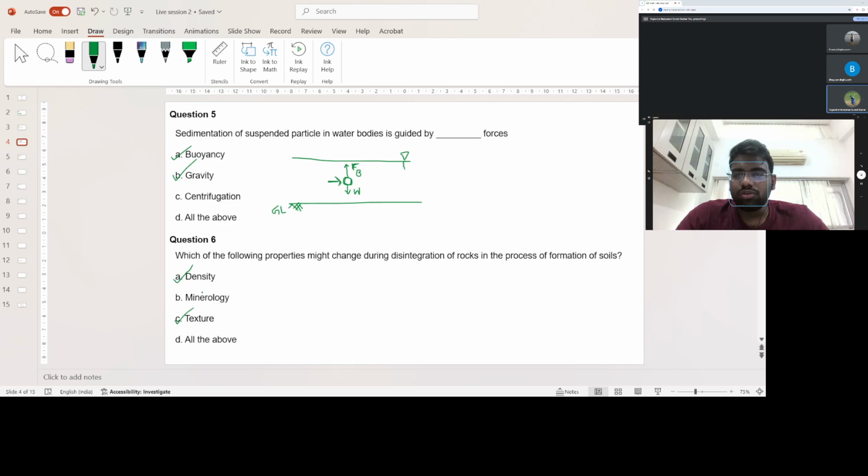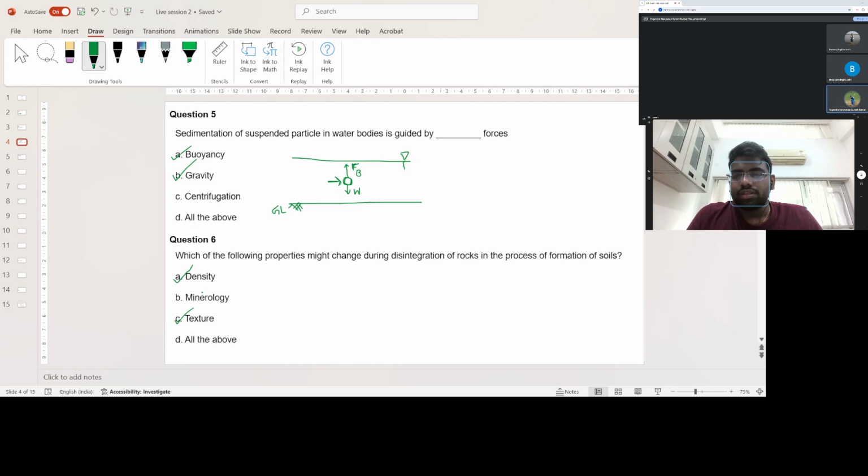And if you take colluvial deposits, which are due to gravity, or glacial till, their nature of formation is different, even though it is due to disintegration of rocks. So density obviously changes, and for texture the most common example would be the deposits of alluvial plains.